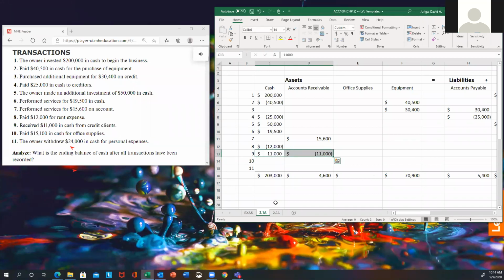Now, the most common mistake on transaction 9 that I see is that a student will see something where it says receive 11,000, or receive cash from a credit client. They'll put 11,000 as an increase to cash, but they will mistakenly increase revenue. It's all about timing. This one is simply a collection of your accounts receivable.